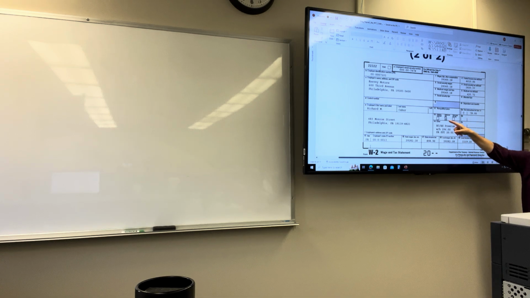Over here, box 13, I'm not going to talk really about 11. Box 13, if they're a statutory employee, that would be checked. Retirement plan: were they a beneficiary? Did they contribute to a retirement plan, or did the employer contribute to a retirement plan on their behalf? That would be checked.